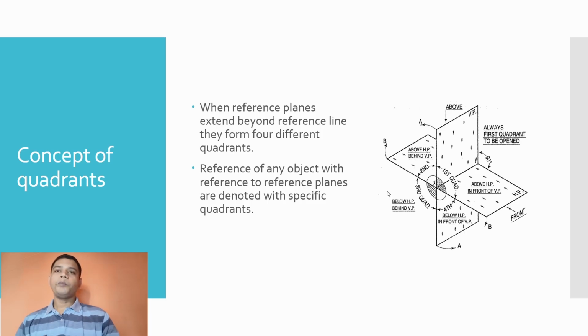This is the first quadrant, this is the second quadrant, this is the third quadrant, and this is the fourth quadrant. Now remember, first, second, third, fourth rotates in the counterclockwise direction.